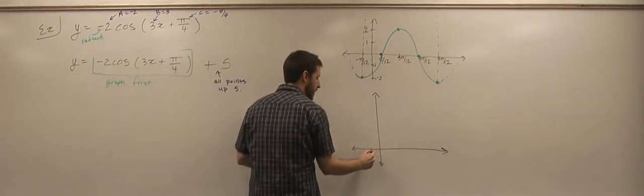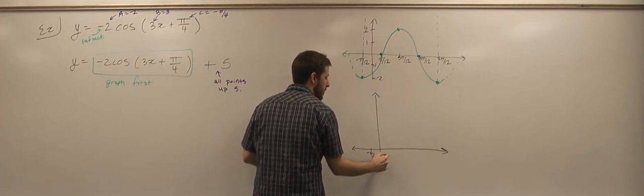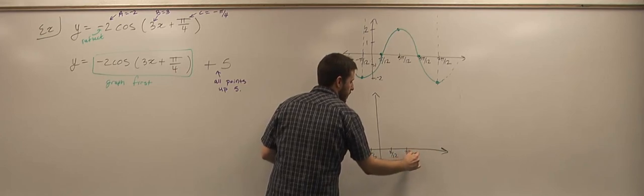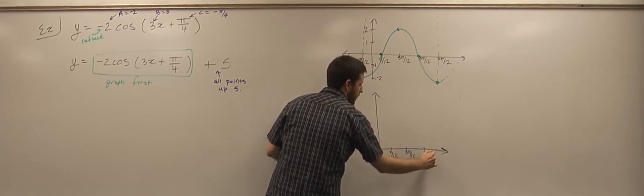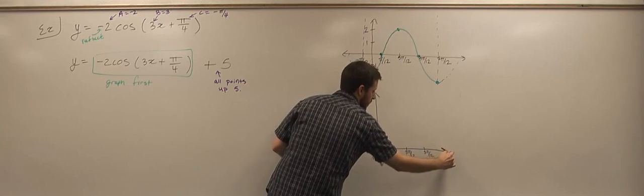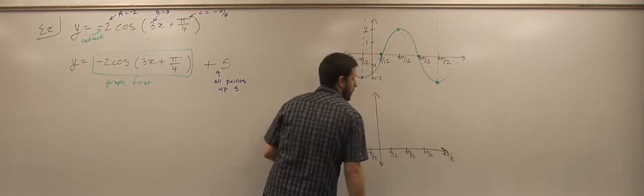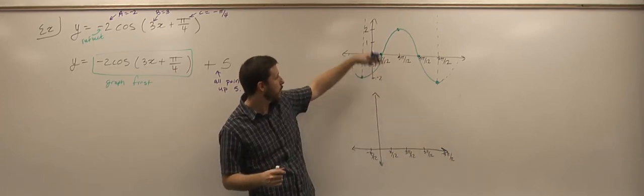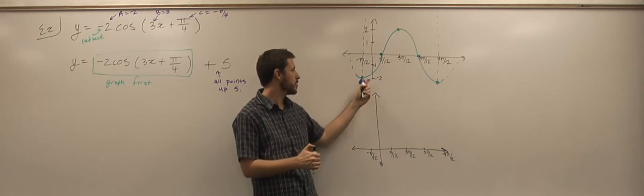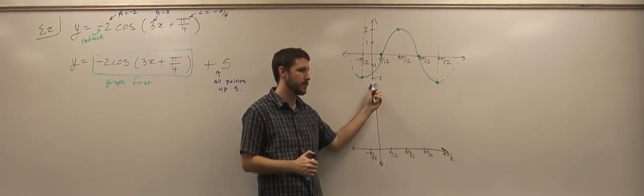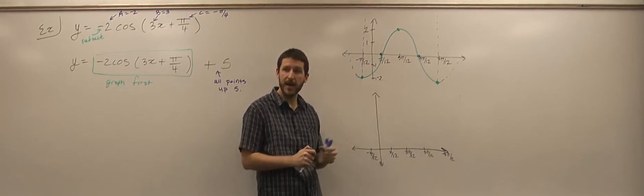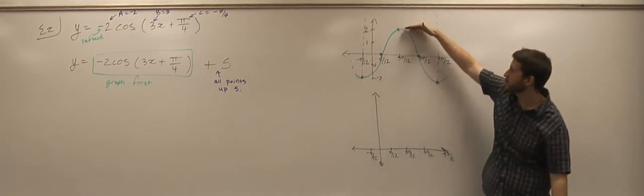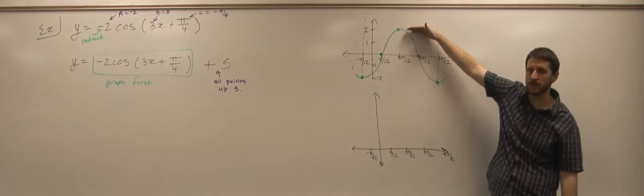So all my important x values will be exactly the same: negative pi over 12, pi over 12, 3 pi over 12, 5 pi over 12, 7 pi over 12. So the plus 5 on the outside does nothing to these. But all my y values have to come up. So instead of going to a minimum of negative 2, what's my minimum going to be? 3. You have to add 5 to it. And instead of going to a maximum of 2, you're going to go to 7.